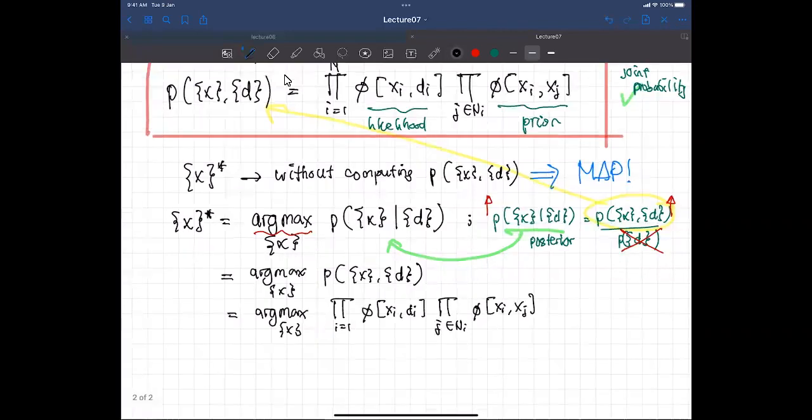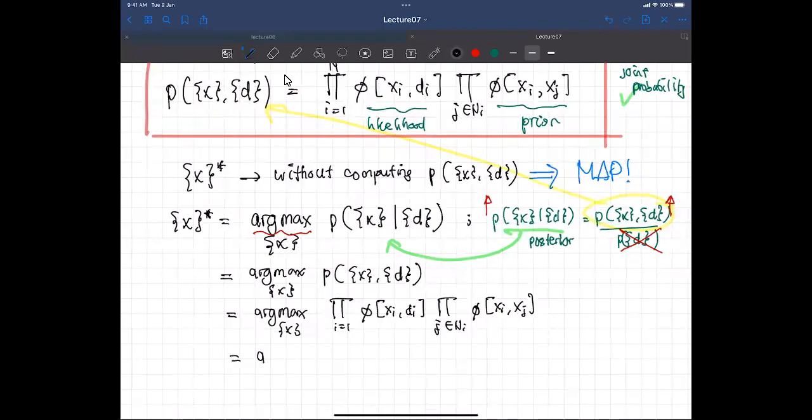Well, based on this, we can change this into argmin over X, and we don't like product, so we just use sum over i equals 1. FD is the inverse function of phi. They are not the same. FD is again the inverse function of phi, of xi di, plus sum over j neighbor of i of FP xi xj.